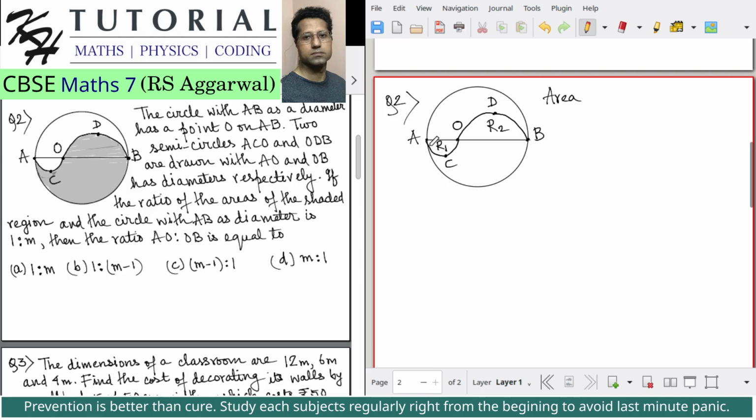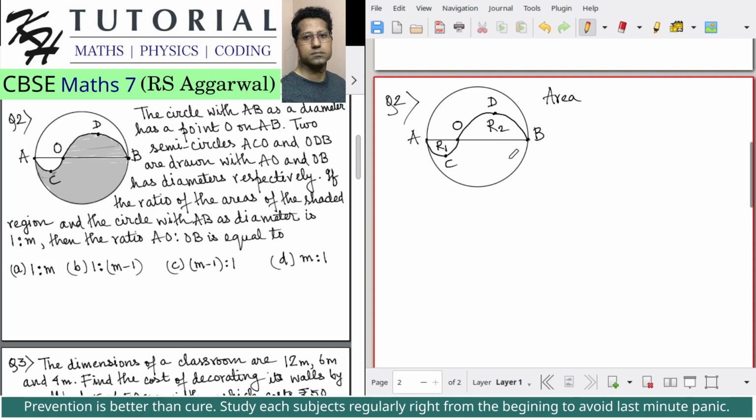Clearly the semicircle ACO is inside the bigger circle with AB as diameter. So if we consider the lower half of the circle with AB as diameter, inside that we have the semicircle ACO.